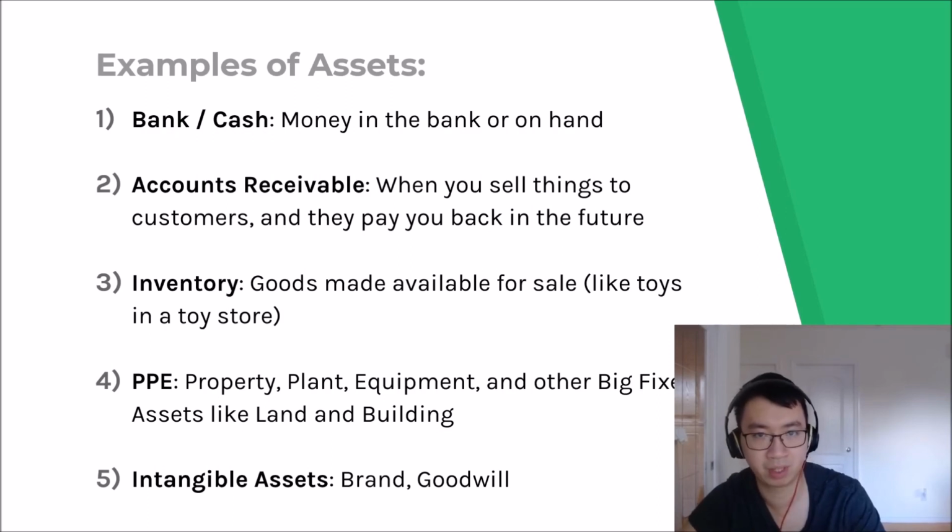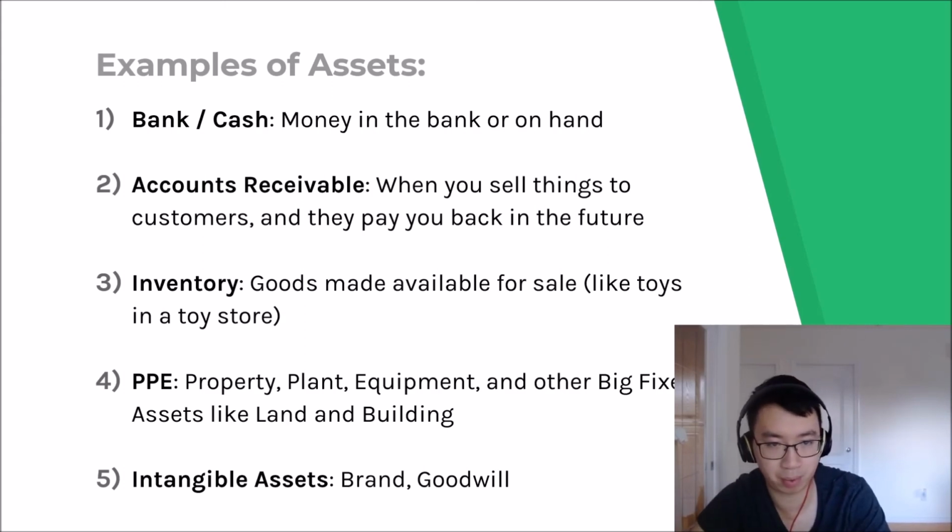Accounts receivable is a concept where you sell things to customers. They don't have a lot of cash on hand, so they're going to pay you back in the future. So you're going to sell on credit. PPE stands for property, plant, and equipment and includes other things like fixed assets such as land and building. And finally, we have intangible assets, brand and goodwill.